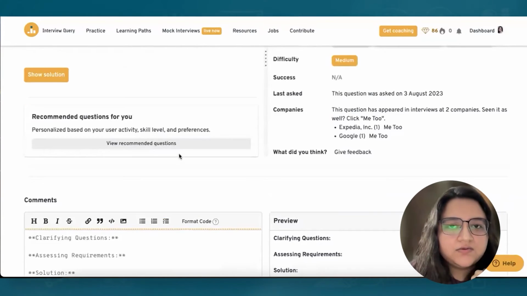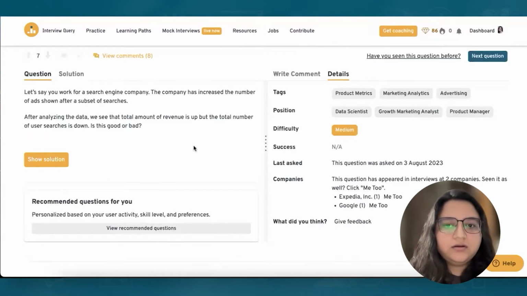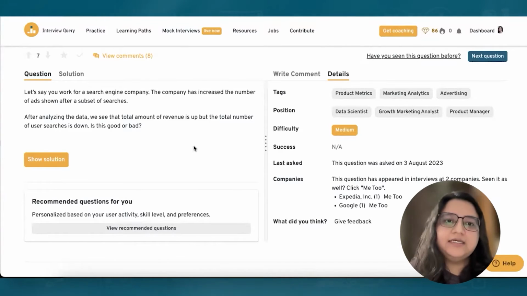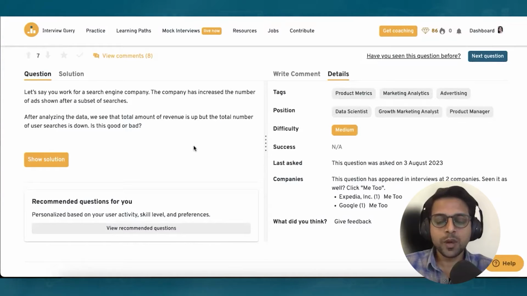All right. So I think our problem statement's goal is to understand if this is good or bad, right? If the revenue we're getting is good or bad? Yeah, it's an open-ended question and I would love to know your initial thoughts before we dive deep.